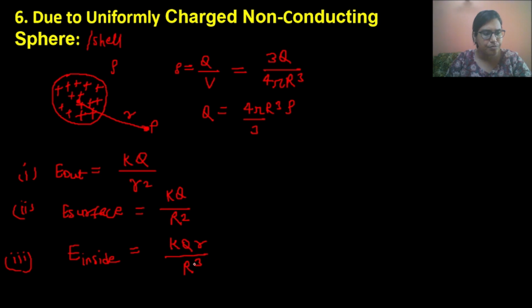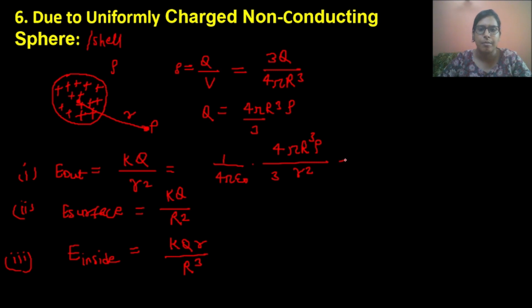Now if we change these formulas in terms of rho, then case 1 will become 1 upon 4 pi epsilon naught, q is 4 by 3 pi r cube into rho, and r square is here.